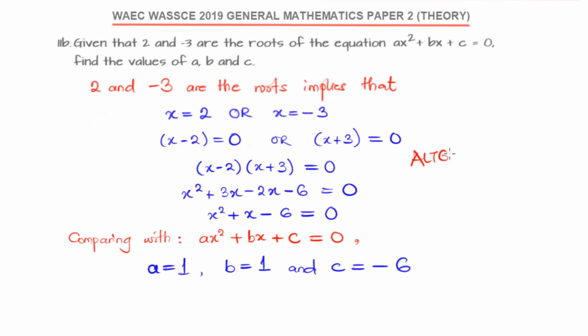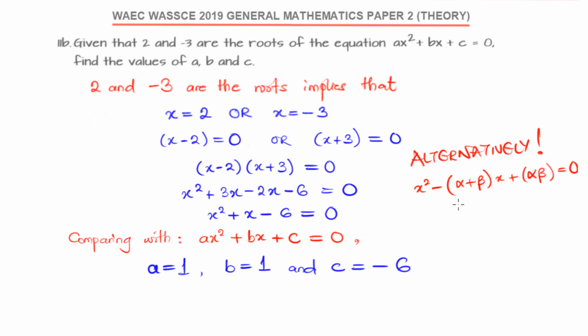But alternatively, there is actually a general formula that is used to solve this. If we know the roots, we can work with the sum of roots and the product of roots with the general formula that x squared minus the sum of the roots, alpha and beta being the roots now, times x plus the product of the roots is equal to 0.